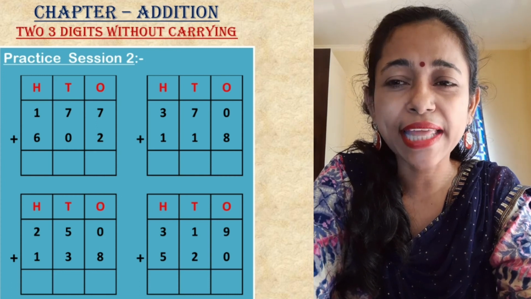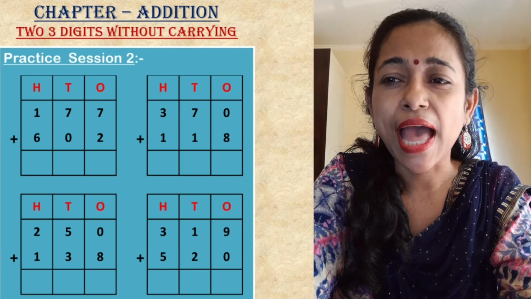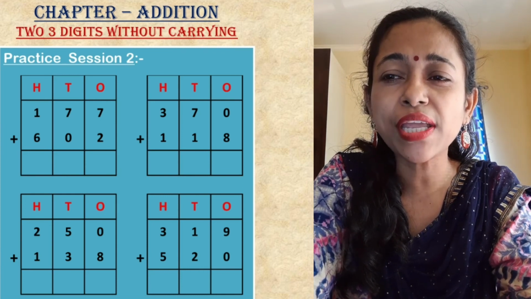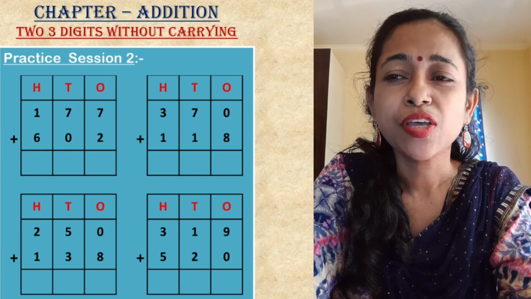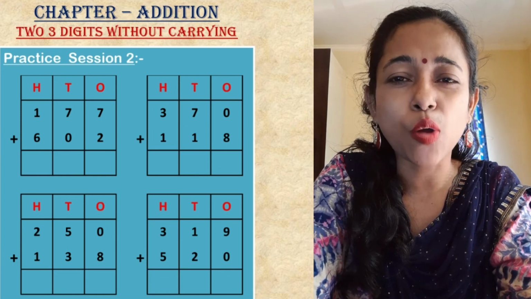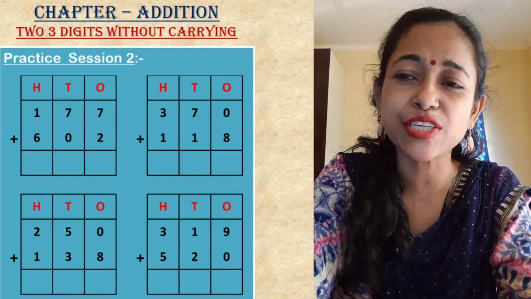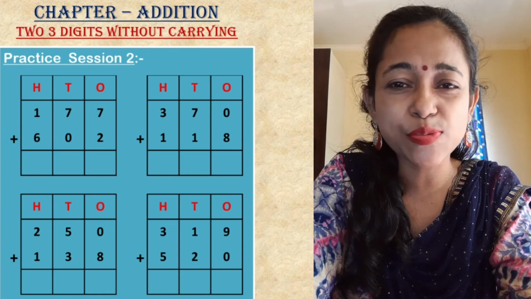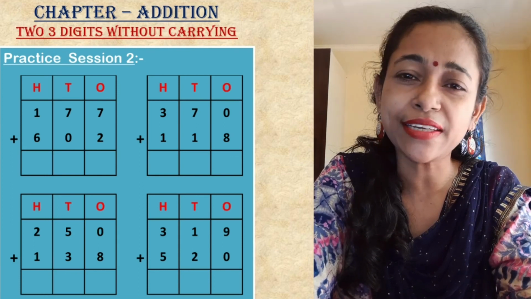And then you will count the tens place and then to the hundreds place. And the last sum is 390 plus 520. So in the same way, you will count starting from the ones place and then to the tens and then to the hundreds. So in this way, you will finish up doing the sums in your notebook neatly and clearly.